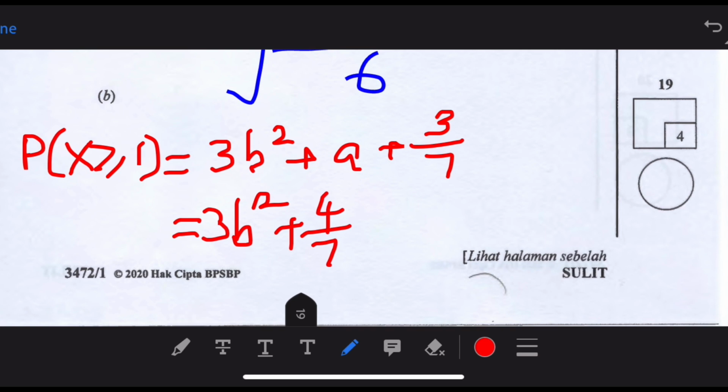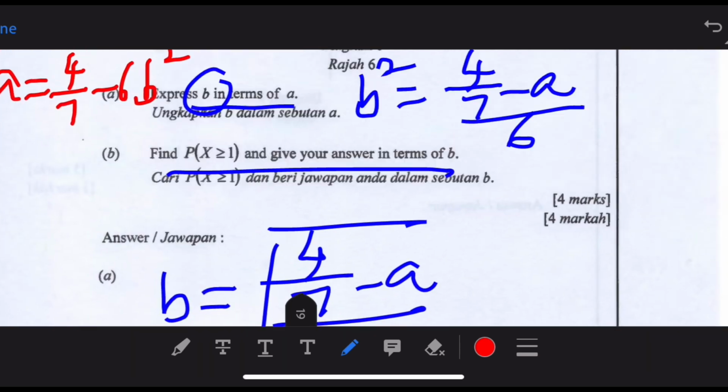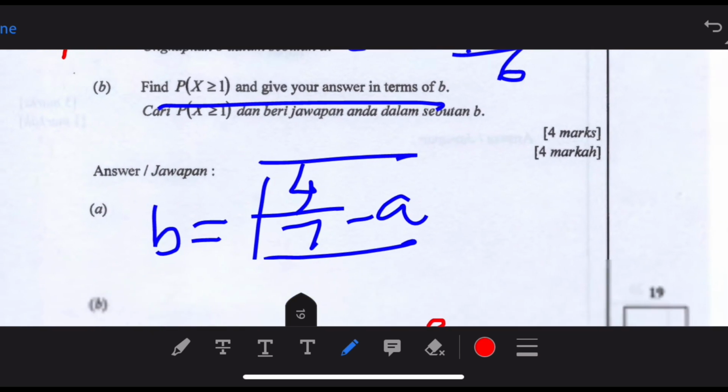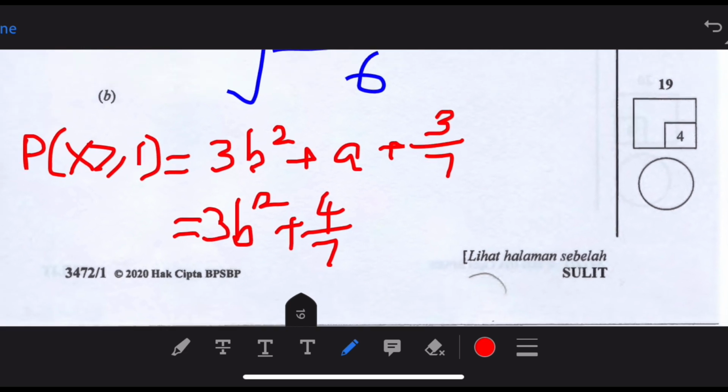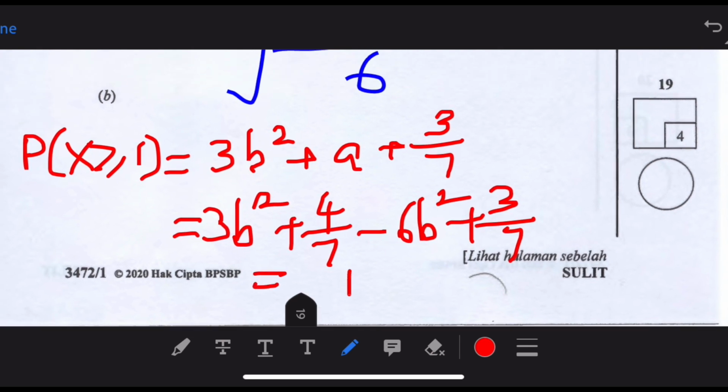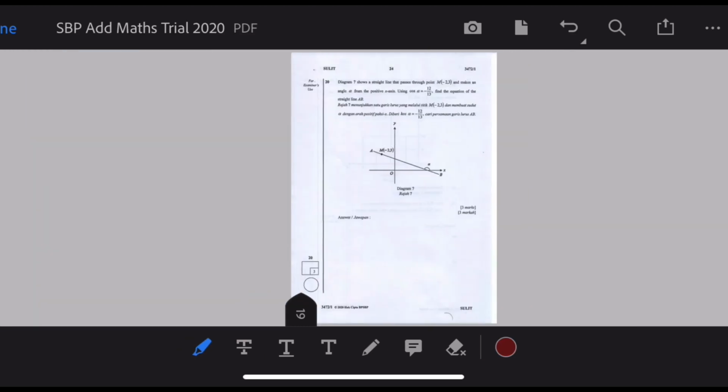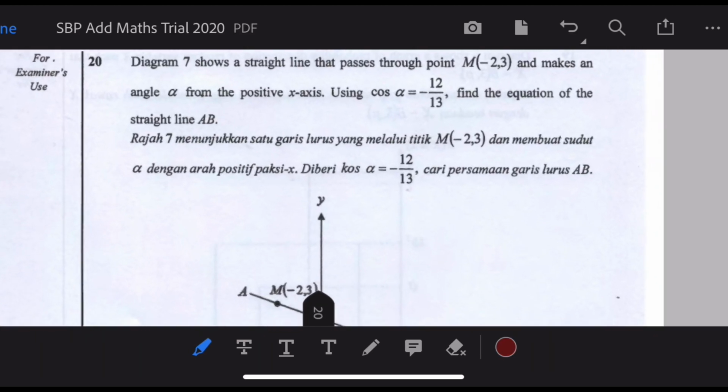So it's 4 over 7 minus 6b squared, right? Just now we have solved a in terms of b, so then we simplify to the simplest form. So your answer is 1 minus 3b squared. So this is the answer for the binomial distribution.